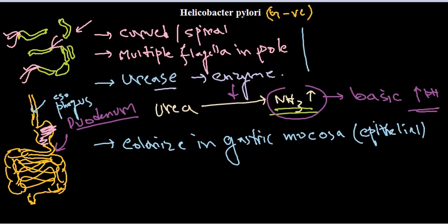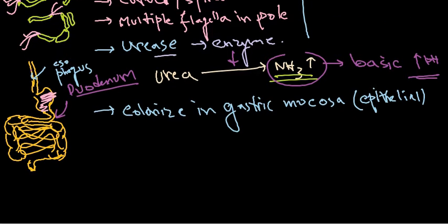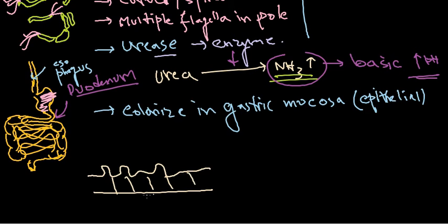Now let me draw it again, a little bit closer. Let's say this is the lining of the cells. These are the cells, arranged segment-wise. They have nuclei and all this. And outside of the cell there is a mucosal layer. Now this mucus layer prevents the duodenum wall against the HCl, right?